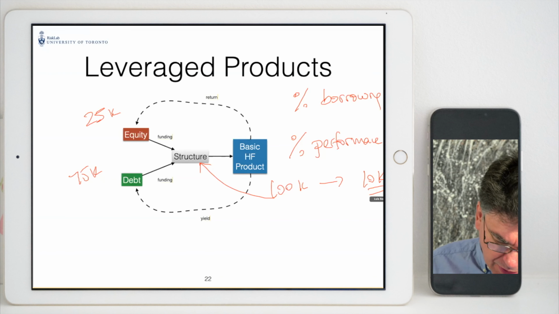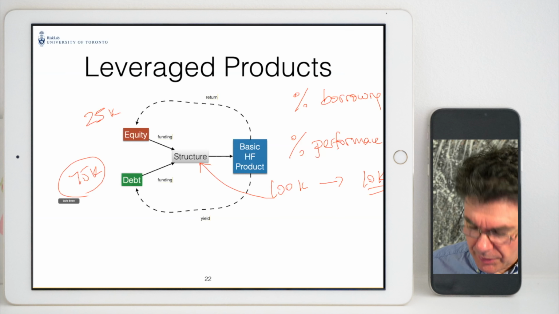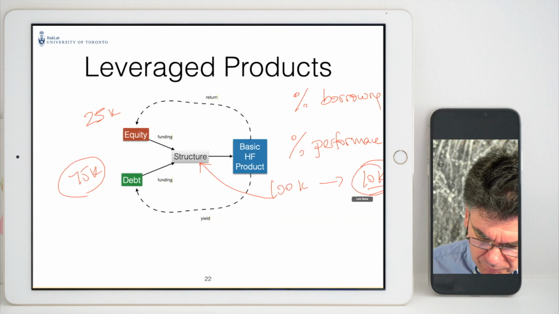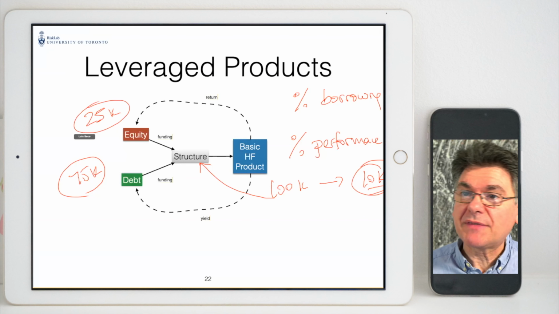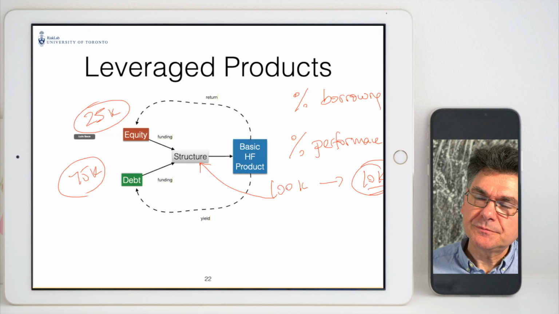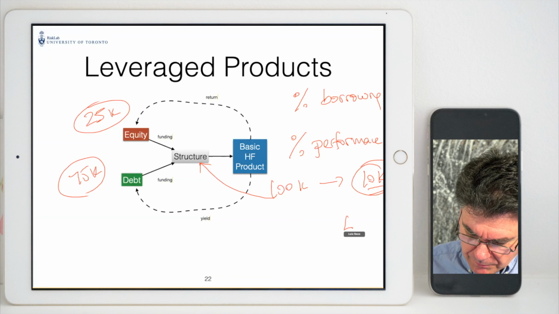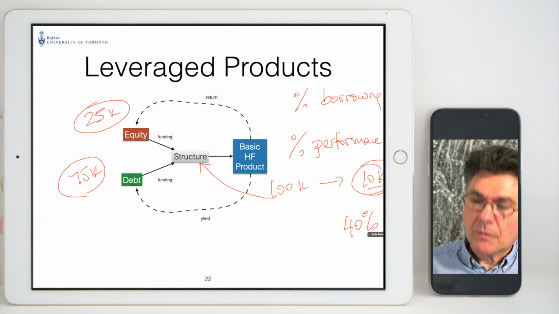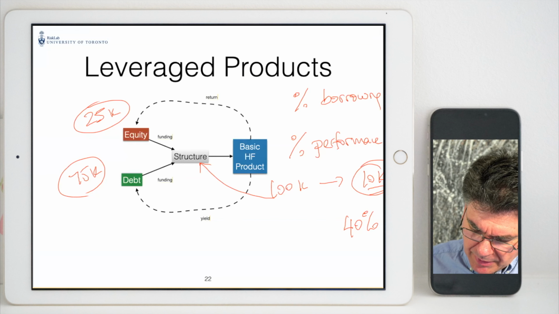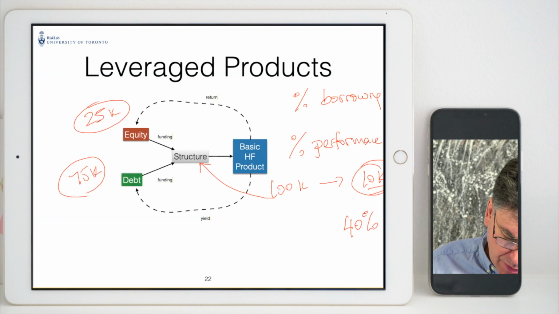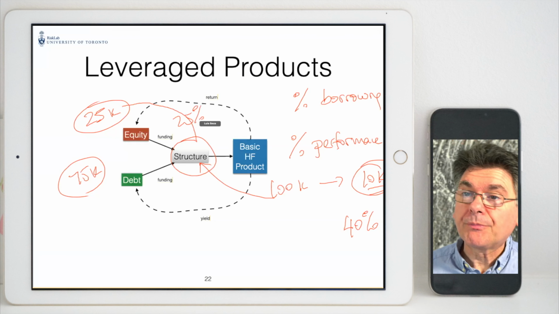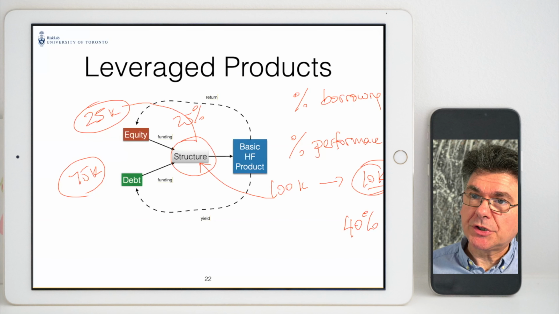Let's say that you borrow for free. 10,000 is a 10% return, but 10,000 if you invest only 25,000 is a 40% return. The return gets multiplied by 4. Why? Because you only put in 25% of the whole structure. So sometimes this is a very good deal.